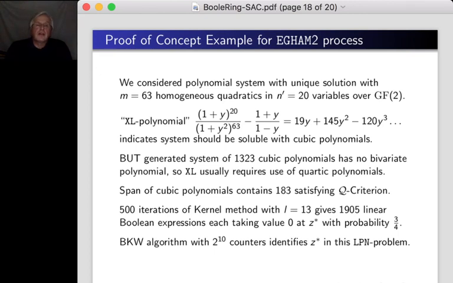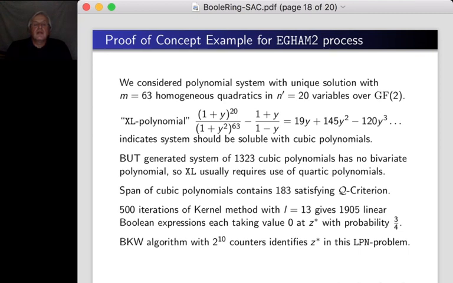If we use the approach outlined, the Boolean ring approach, we find the span of these cubic polynomials contains 183 polynomials that satisfy the Q-Criterion. When we take their image in the Boolean ring, we get the quadratic system.